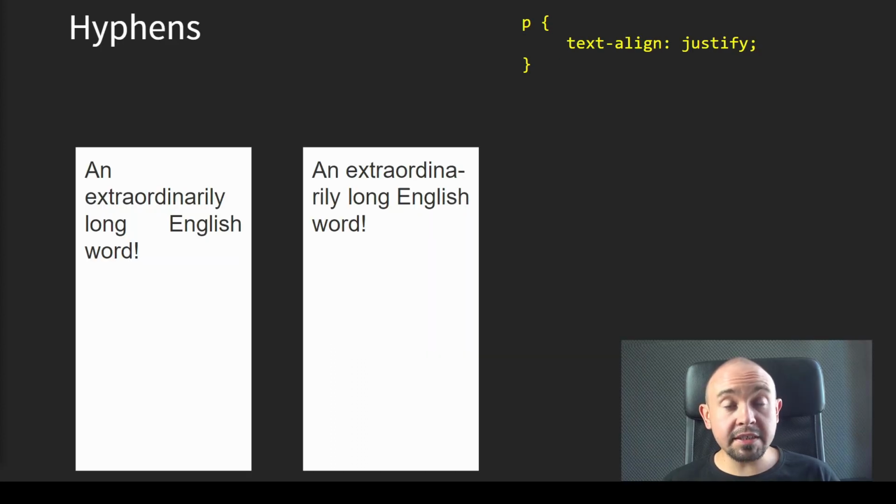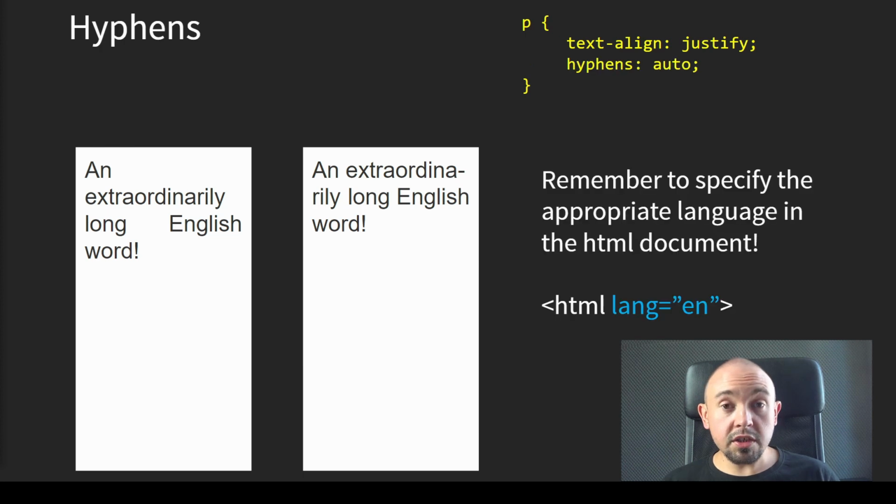Sometimes our text doesn't look good when we use the text-align justify property. The browser does not break the words at the end of the line with hyphens by default, but we can change this if we need to. We can use the hyphens property with the value of auto for this. In such a case, it is important to properly specify the language of our document in the HTML tag, so that the browser can divide words according to the grammar rules of the certain language.